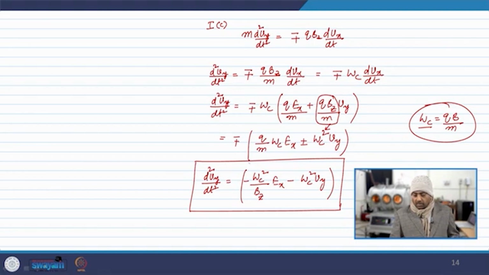About the plus minus and minus plus, qB by m, so we write omega c is plus minus qB by m. The role of this plus minus is to indicate the direction of the circular motion, right. So I have used plus minus where it is not there. Let us say qB by m I have replaced for omega c. So this plus minus has to be brought along. And this is a minus plus which is available right outside.